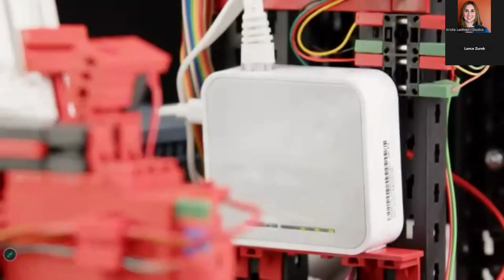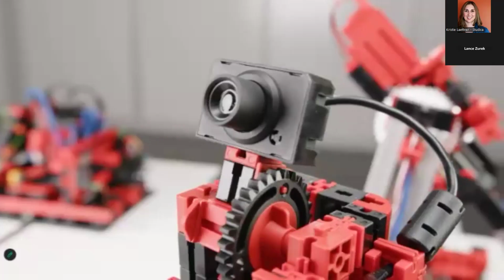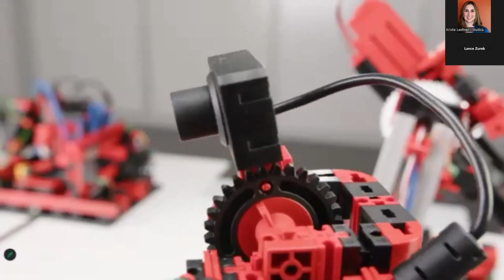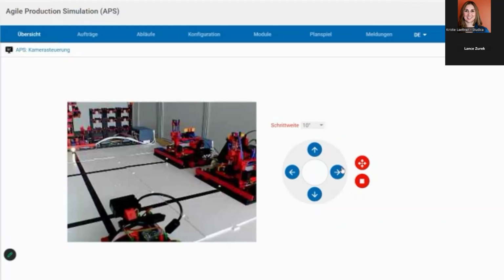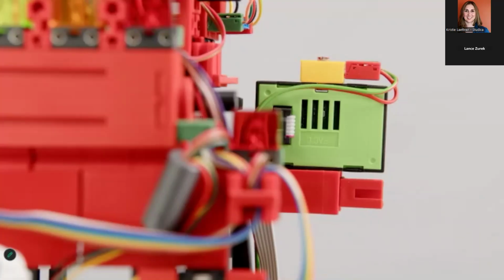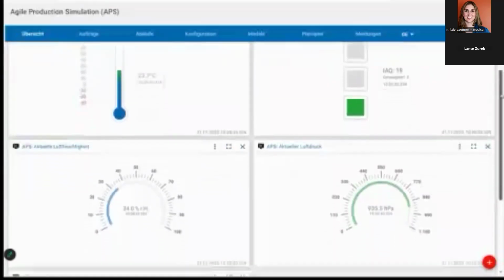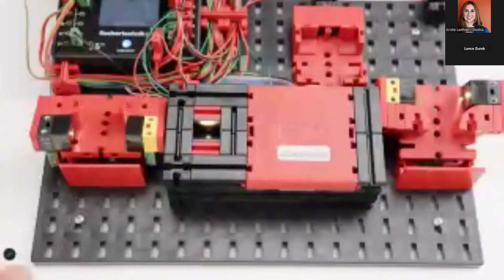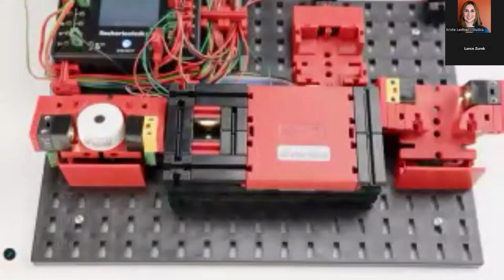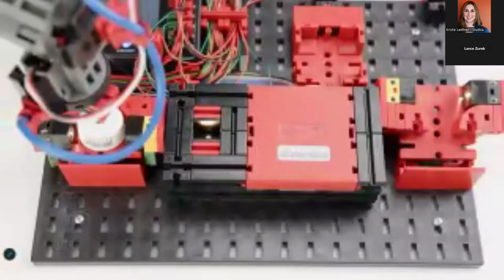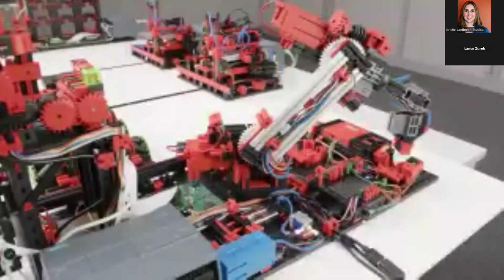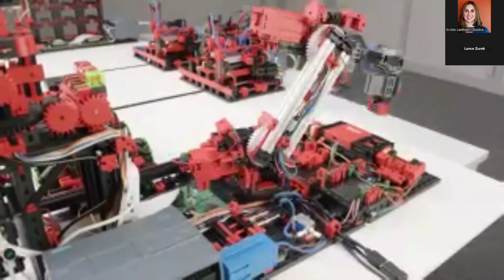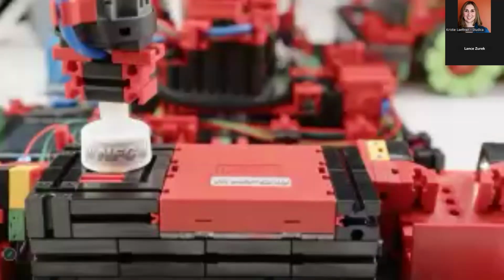From goods receipt to production to delivery, every step is automatically controlled, monitored, and documented. The system is based on real industrial components in miniature format: sensors, conveyor technology, robotics, all precise and functional. The dashboard can be used to monitor production at any time, execute order processes, and carry out simulation games.